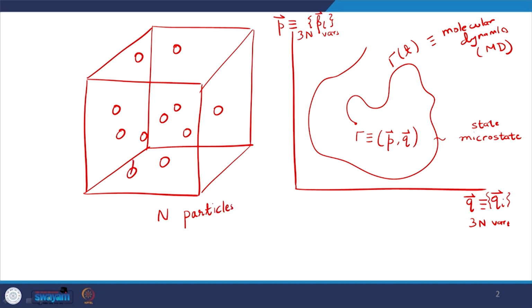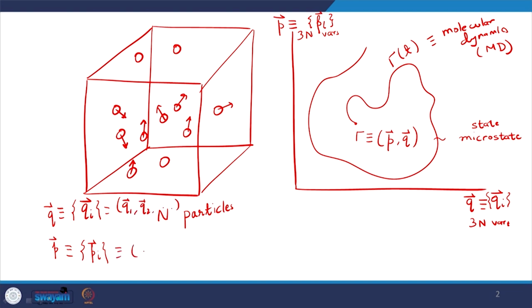And all of them are essentially moving, and it is their generalized coordinates, which can be in any coordinate system, that we call Q, and their generalized momenta, that is P, which is essentially a collection of Q1, Q2 and so on, and P1, P2 and so on, if we have labeled the particles in any particular way, right.